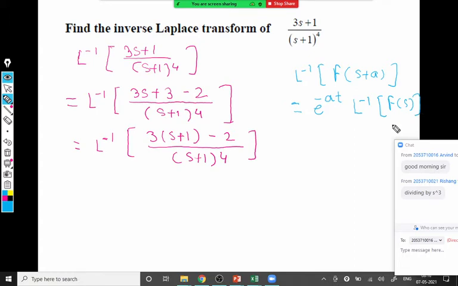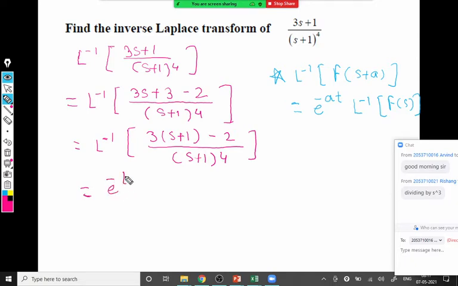So this is the first shifting property, property number 2. So we can use this property. So what will be the answer if we use that property here? Which function will come out? E raised to minus t.